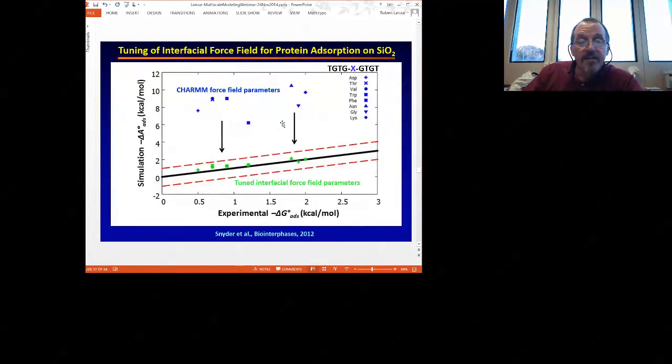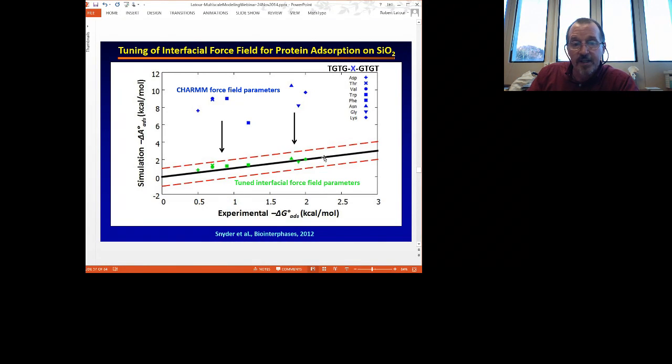So this shows the results of our tuning process, where we go in and incrementally change the Lennard-Jones parameters. The well depth is the most important parameter, and by weakening those parameters for how the peptides are absorbing, we were able to pull down the adsorption affinities to line up all within a half a kcal per mole, well within that, to match our experimental values.